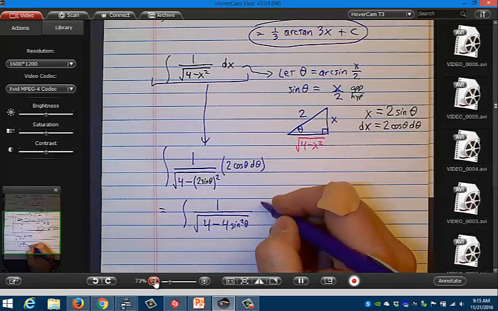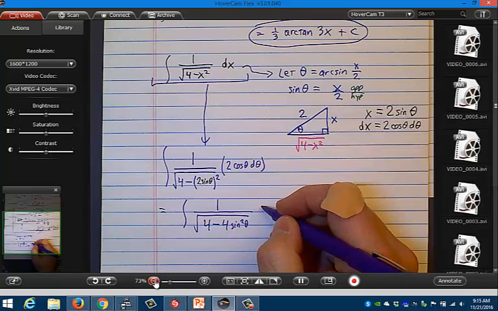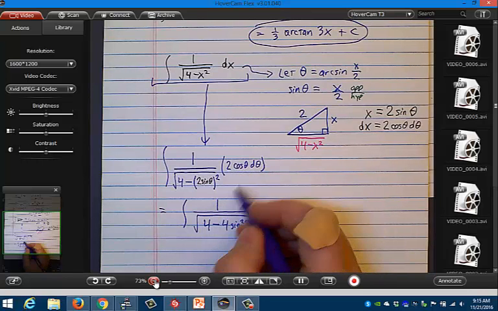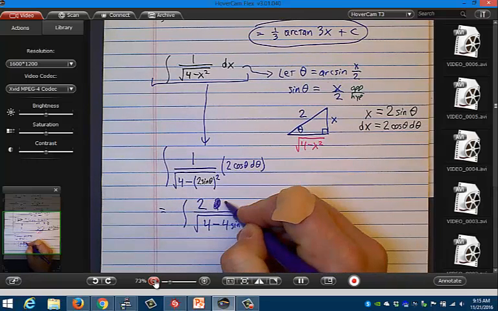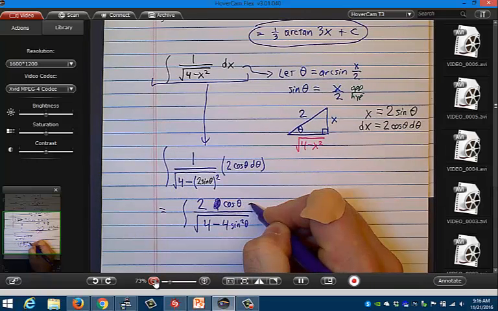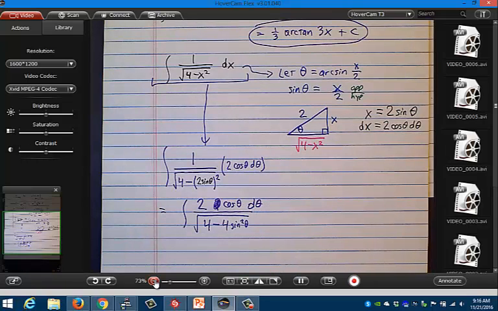And up here, are you guys okay if instead of writing the 1 on top and this stuff after, we change this and just write 2 cosine theta d theta? Is that okay? Just trying to make it go a little faster here.